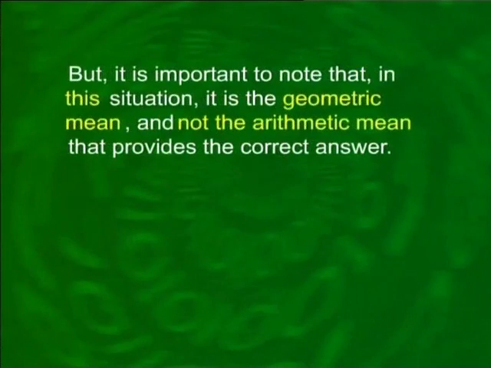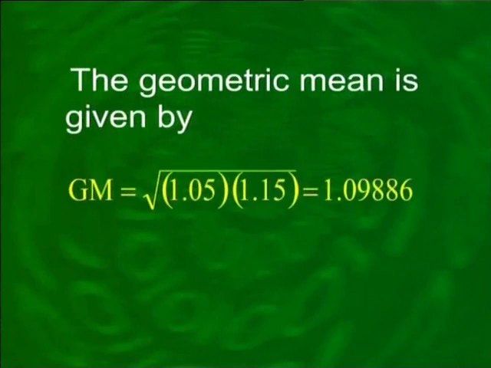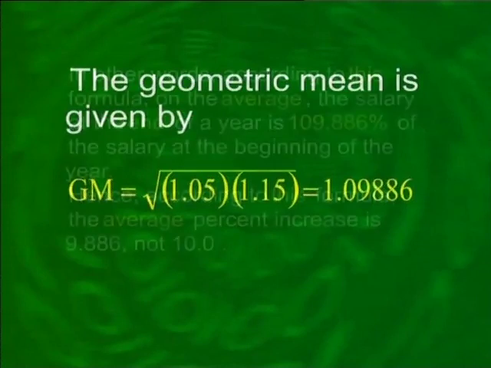But students, it is important to note that in this particular situation, it is the geometric mean and not the arithmetic mean that provides the correct answer. The geometric mean of the two values 1.05 and 1.15 comes out to be 1.09886.